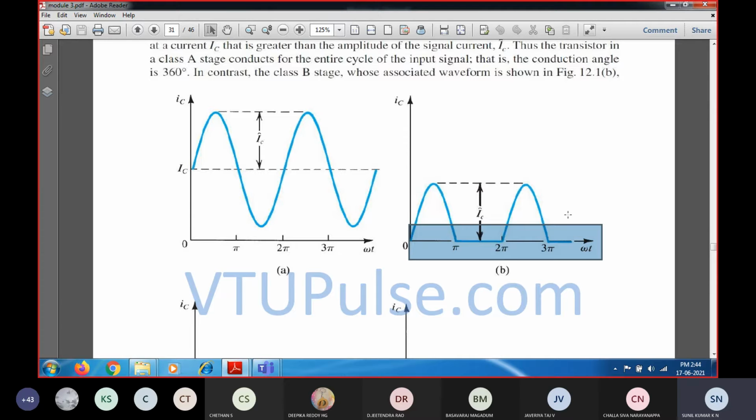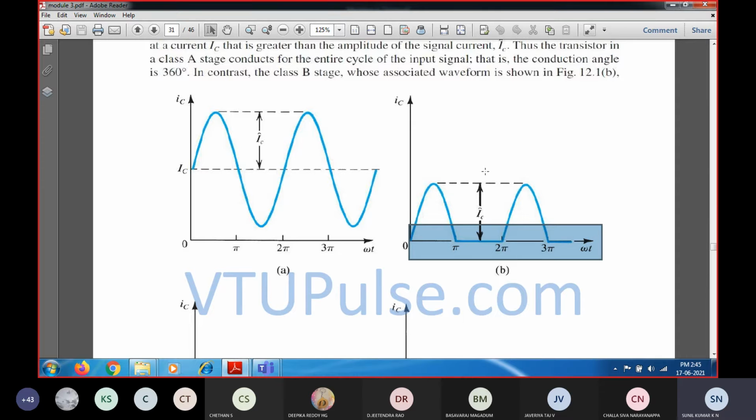You can see there will be families of curves like this. In that, if you plot the load line and select the Q point exactly at the center, you will get this type of output.